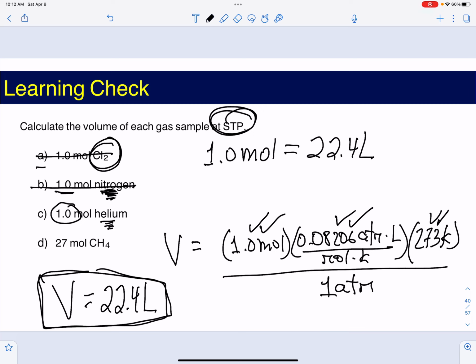This tells us, you know what? You really don't have to use the ideal gas law for these problems. If I tell you that this is STP conditions, all you have to do is use this equality with dimensional analysis. So let's do the last calculation so you can see what I'm talking about.